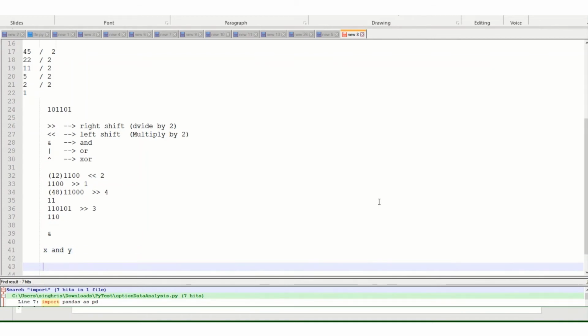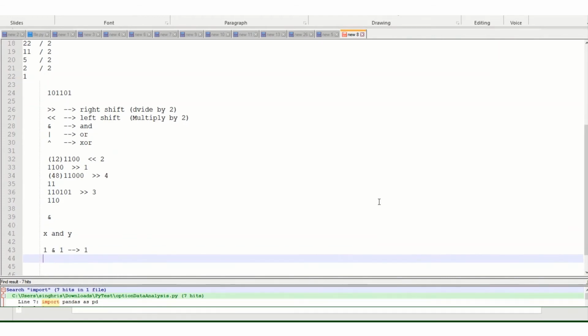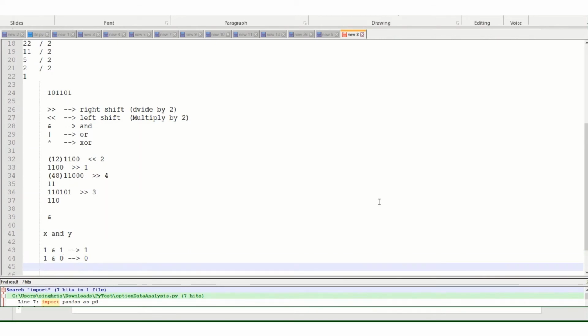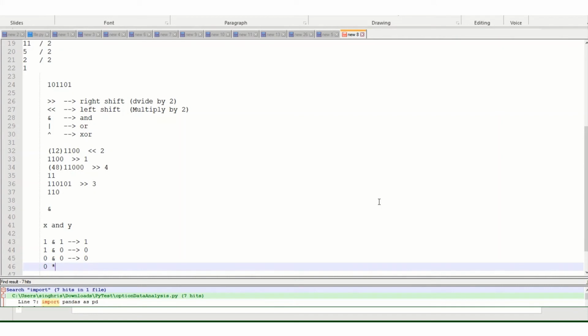So similarly here, if you are using the AND operator and both the binary values are 1, only then the result will be 1. Otherwise, it will be 0. For all other cases, 1 and 0, you will get 0. 0 and 0, you will get 0. 0 and 1, you will get 0.